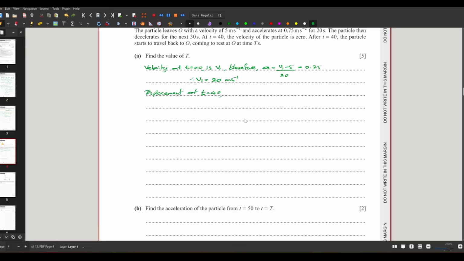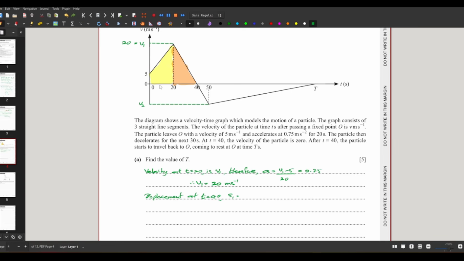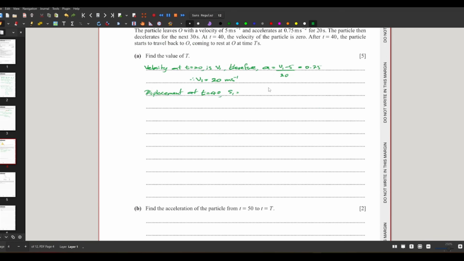T equal 40. Let's take S1. So first is the trapezium. So the summation of the parallel lines, which is 5 plus 20, divided by 2, multiplied by the height, which is 20.